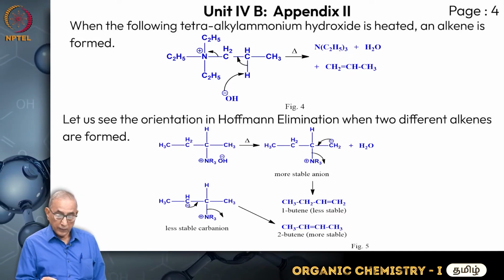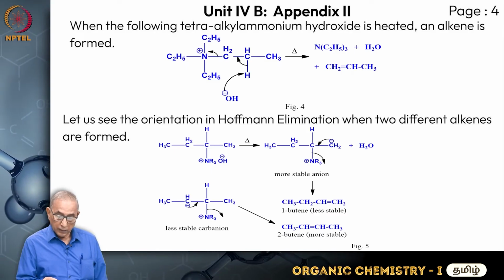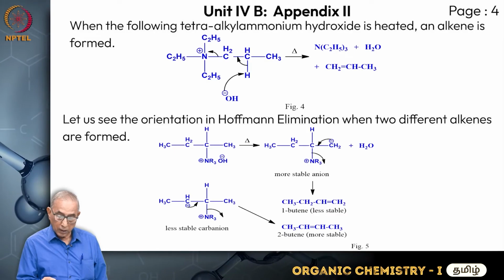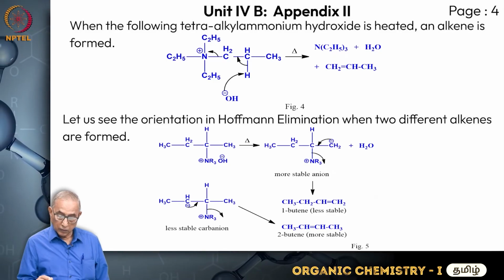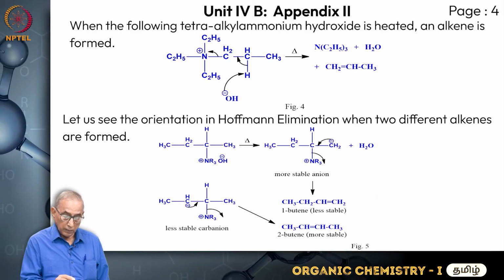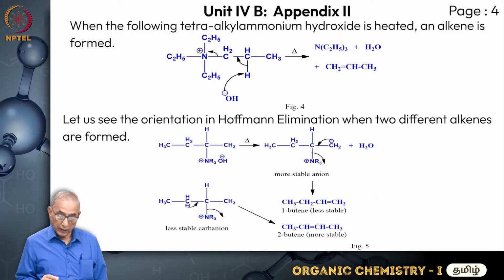So, this is the intermediate. You have a carbanion formed which moves to form a double bond, and then the trialkyl amine is formed. The molecule of water is formed because this OH minus abstracts this hydrogen to form the anion.